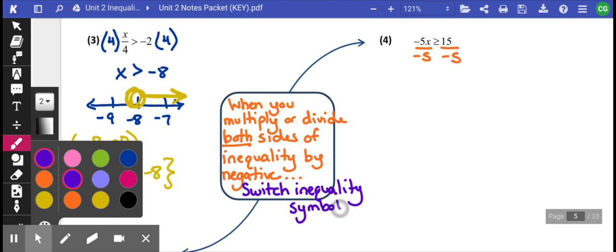So right here, dividing both by a negative, I now have x is less than or equal to, flipping that around, to -3.